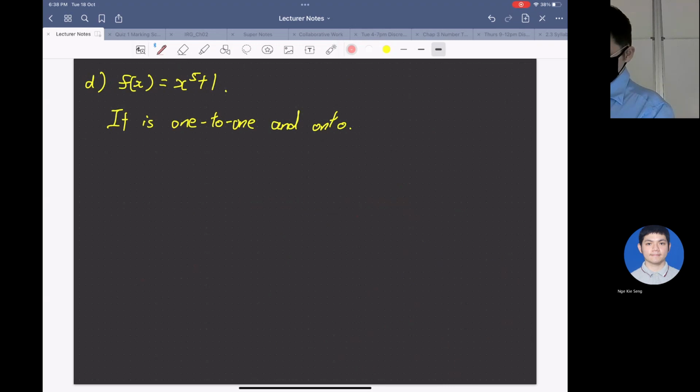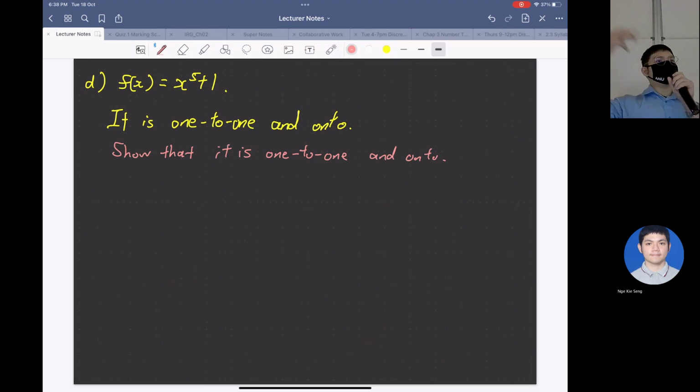Okay, next. So this one, D, show that it is 1-to-1 and onto. Onto should be easy. You just set it to y and then you find what is x.